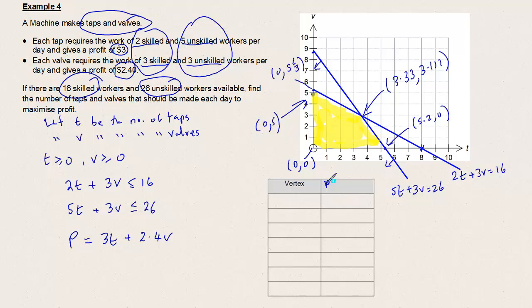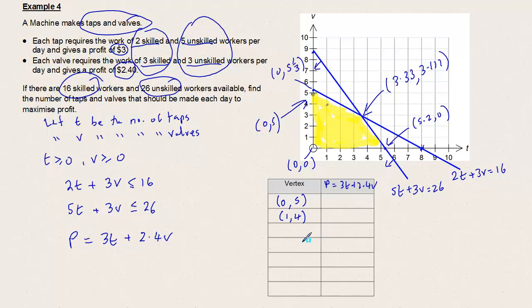So remember, the profit here was 3t plus 2.4v, which we can see just here. Now I'm not going to include 0, 0 in these list of vertices, but we really ought to if we're doing an actual exam problem, but never mind. Let's just look at the other ones. So 0, 5 we already discussed up here, and then we want some other nearby ones, such as 1, 4, for example.